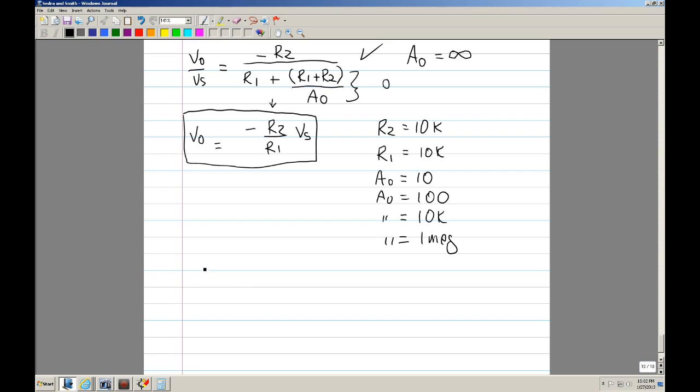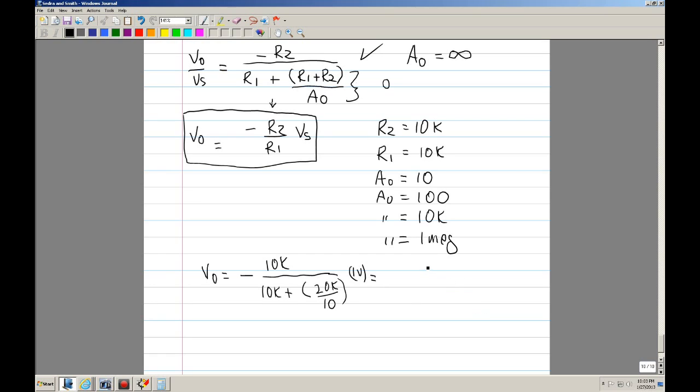Let's calculate what the voltage would be if you have a gain of 10. So we know that it's 10k plus 10k, so this would be 20k, divided by, and we said a gain of 10. And we're going to put 1 volt.